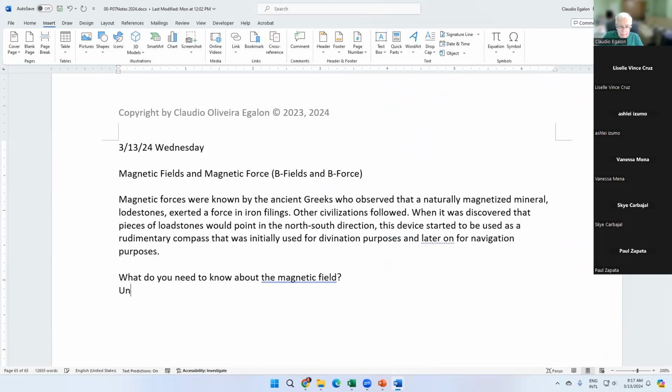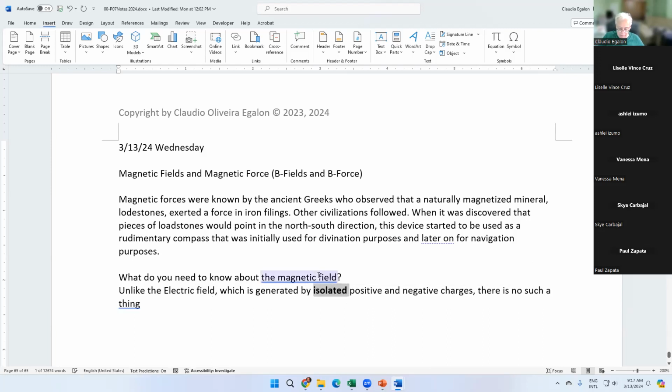Unlike the electric field, which is generated by positive and negative charges, there is no such thing as an isolated positive and negative magnetic pole.